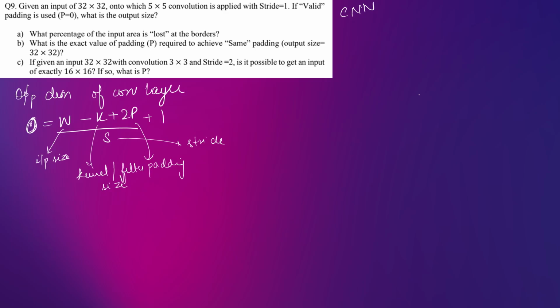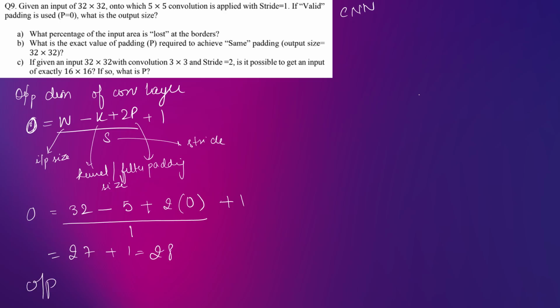Now here in the question, you're given an input of 32, kernel or filter size of 5, plus 2 into padding 0, upon 1, stride is equal to 1, plus 1. So 27 plus 1 is equal to 28. So output size is equal to 28 into 28.